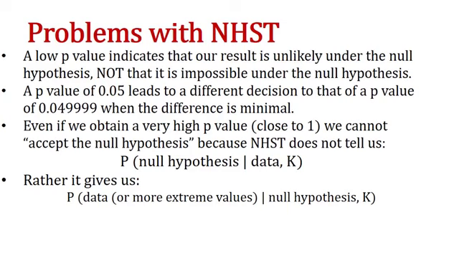But we don't test it. We don't generate a sampling distribution of the alternative hypothesis. We only generate a distribution of the null hypothesis. So we never know how likely the value is if the alternative hypothesis is true.